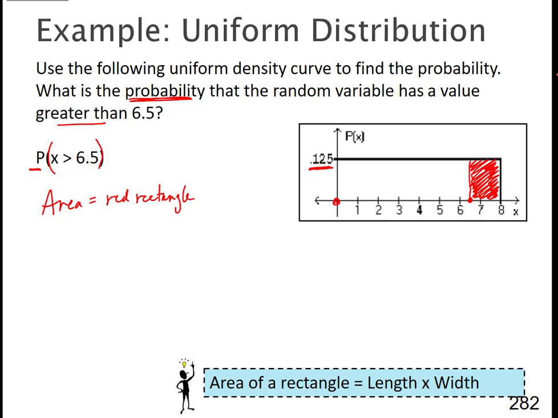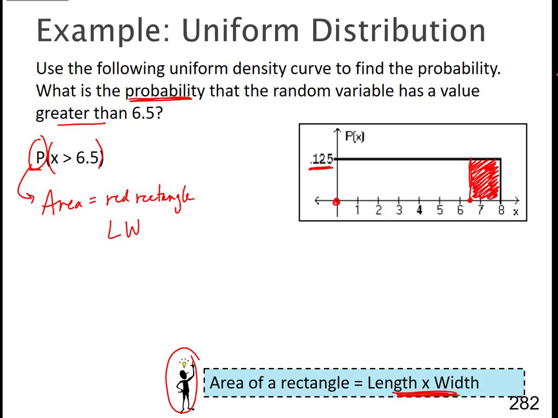We're going to find the area now of the red rectangle. And again, Lightbulb Man is reminding us that the probability is the same as the area. And down at the bottom of the screen, Lightbulb Man is reminding us that the area of a rectangle is simply length times width. You learned that back in 3rd grade. So what is the length and the width of our small rectangle inside?